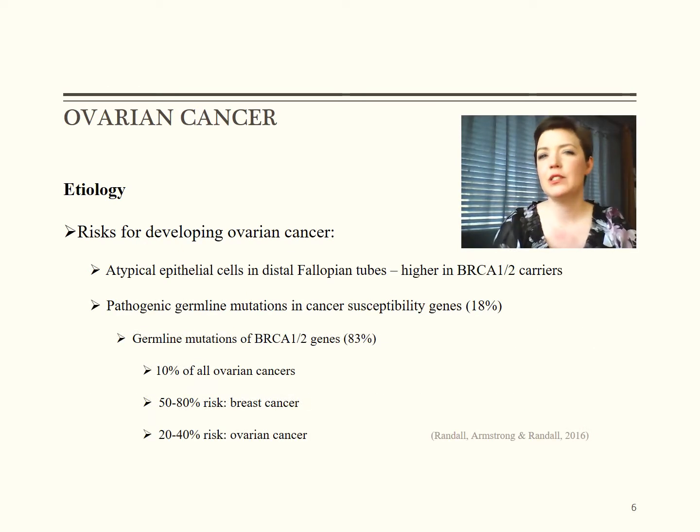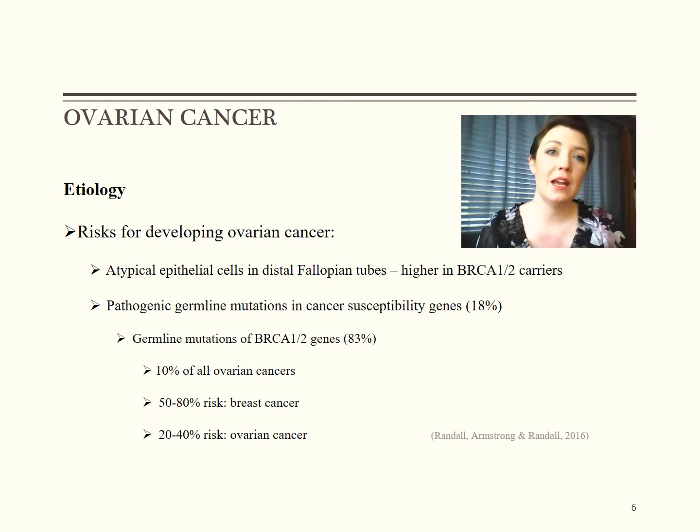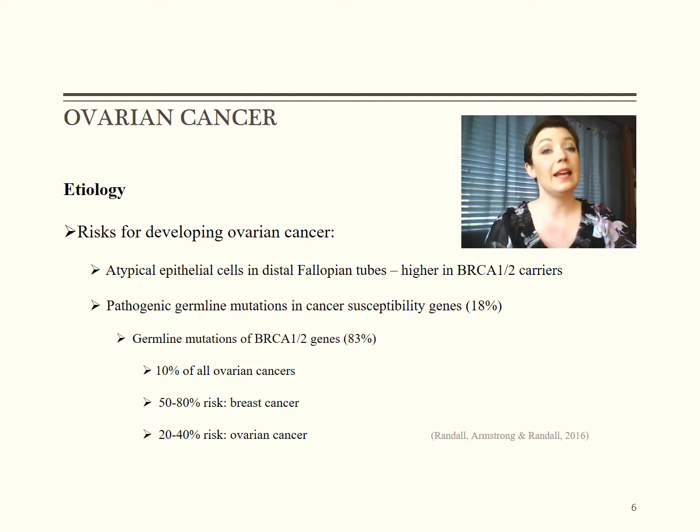It's shown that patients who have a high number of BRCA1 or 2 gene mutations may develop atypical epithelial cells in the distal fallopian tubes, and thereby it does affect the ovaries. 18% of patients with ovarian cancer do have a pathogenic germline mutation of a cancer susceptibility gene, and 83% of these are the BRCA1 or 2 genes, and they're seen in about 10% of all patients with ovarian cancers.